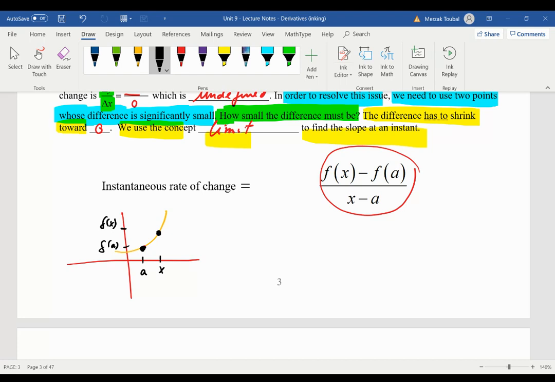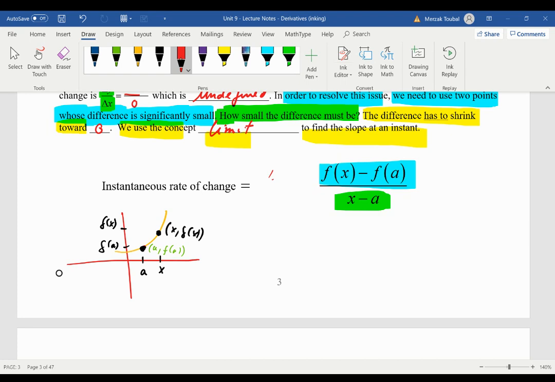So the slope would be, this is x, f of x, and this is a, f of a. So just calculating the slope between these 2 points, it would be simply f of x minus f of a, as you see over here, divided by x minus a. But the only thing that we need to add is the limit of this ratio as x approaches a.